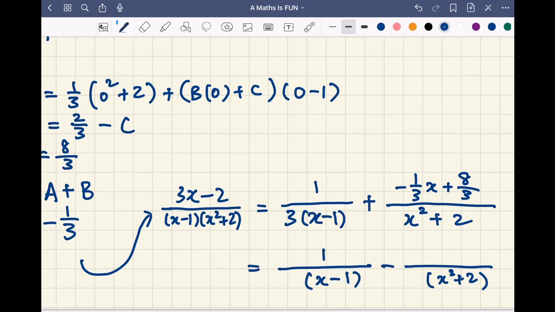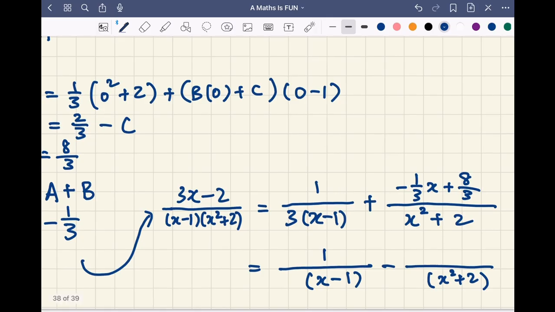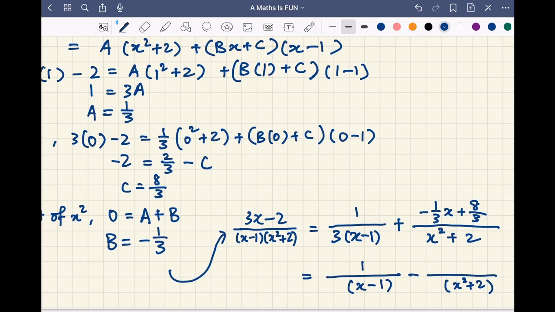We put in the bx plus c accordingly, and what we do here is to factorize out a negative 1 over 3. Then we'll be left with x inside, and of course when we factorize out a negative number, this gives me a minus, and we're left with 8.